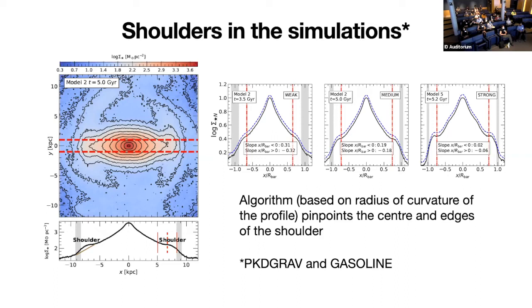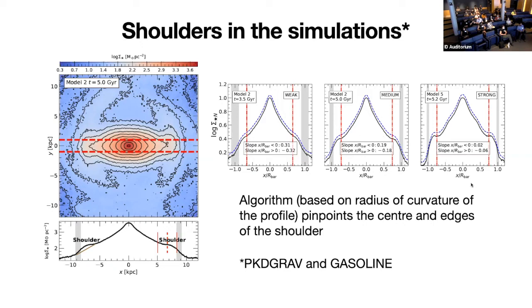The shoulder borders here are in gray, and you can get weak shoulders, medium strength shoulders, and very, very strong shoulders based on the flatness. And we wrote an algorithm to explore this phenomenon. It's based on radius of curvature. It identifies where the shoulders are, the length of them, and the strength.